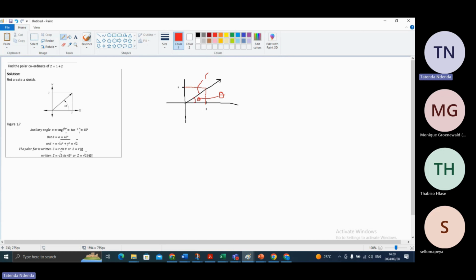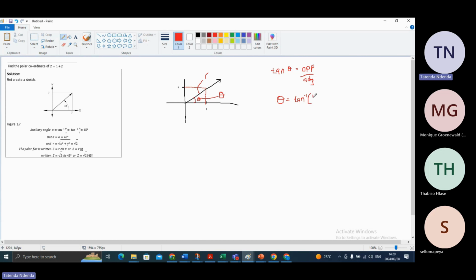So for us to find the angle theta, because you can see this is angle theta, we use SOHCAHTOA. We have the adjacent and the opposite. So tan theta is equivalent to opposite over adjacent, meaning that theta is equal to tan inverse of opposite over adjacent.